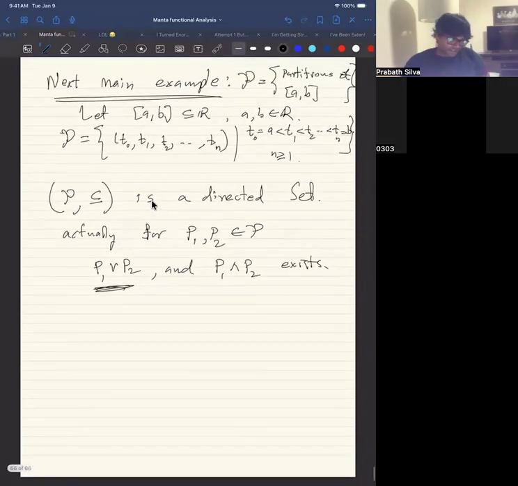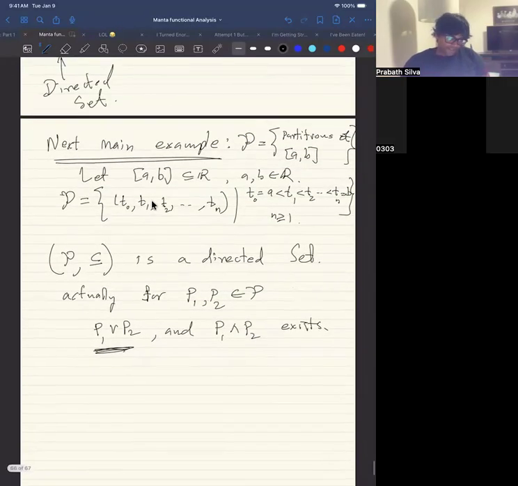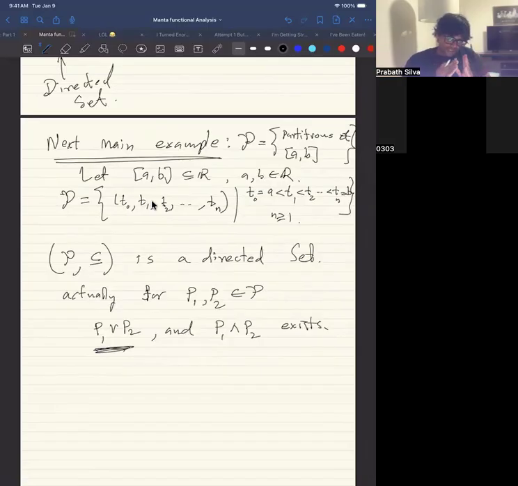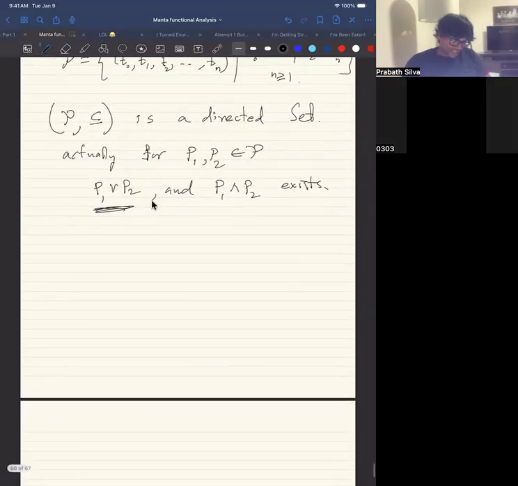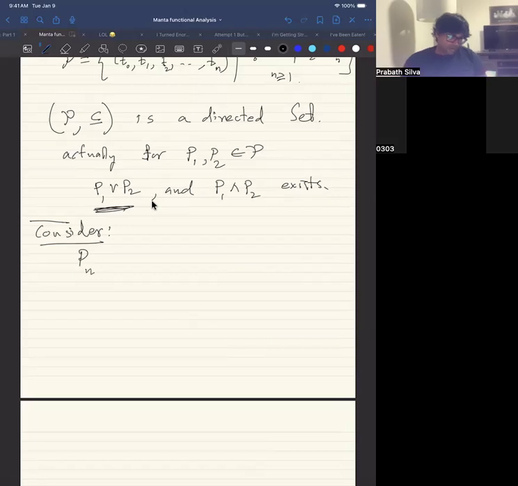Now here is a scary part. Let me consider this sequence. Consider Pn. Let's take AB to be 0, 1.